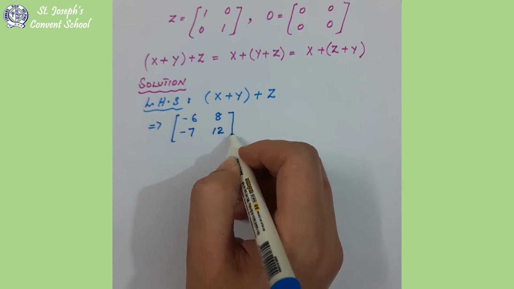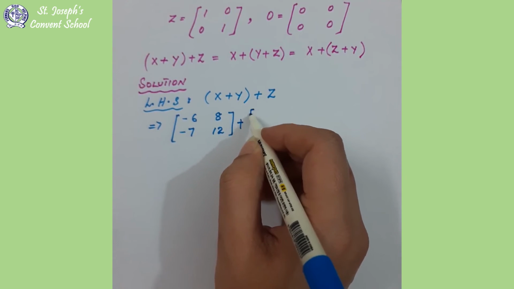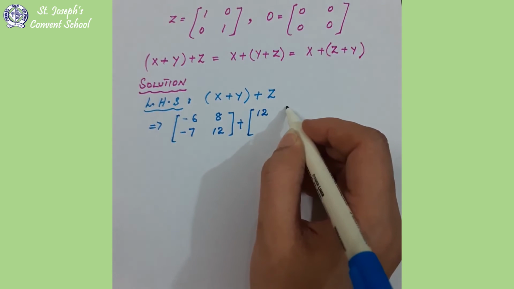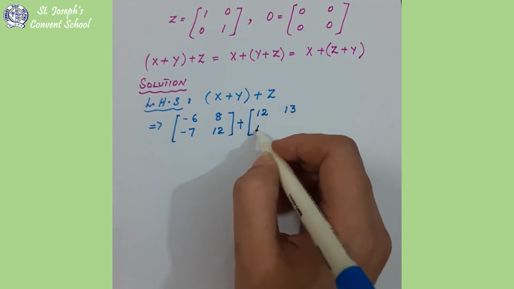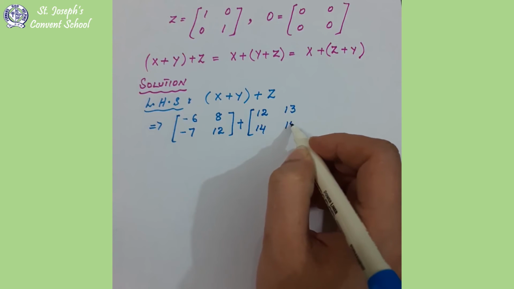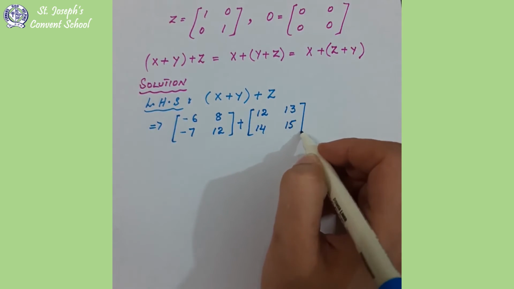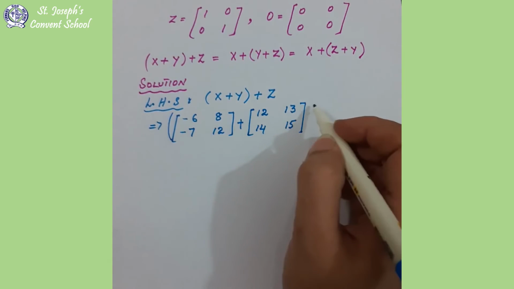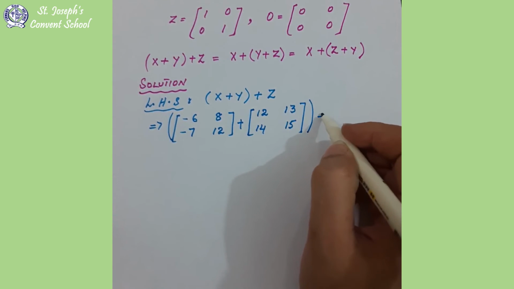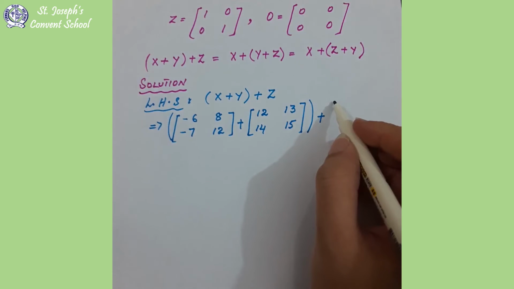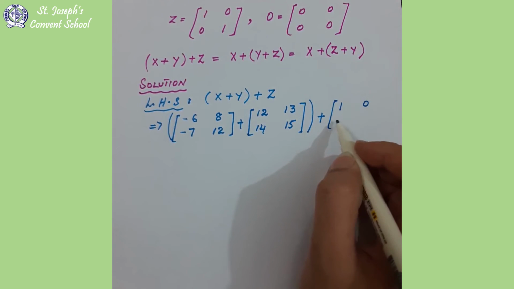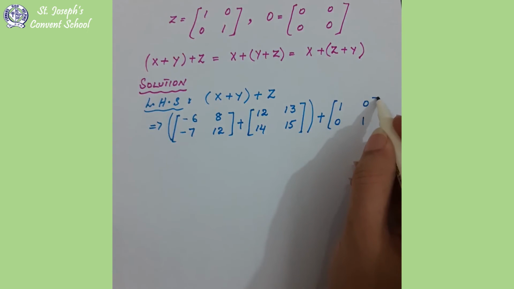This is X plus matrix Y, which is 12, 13, 14, 15. So this is X plus Y. Okay, in the bracket you can write plus matrix Z. Matrix Z is 1, 0, 0, 1.